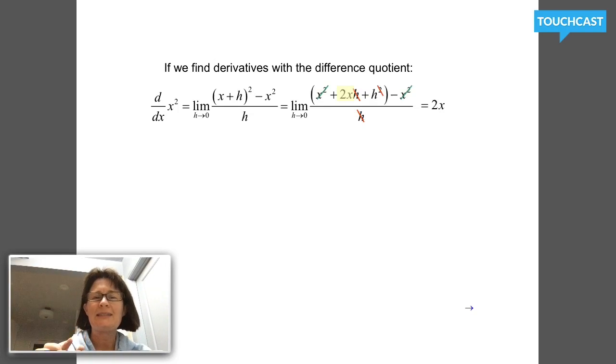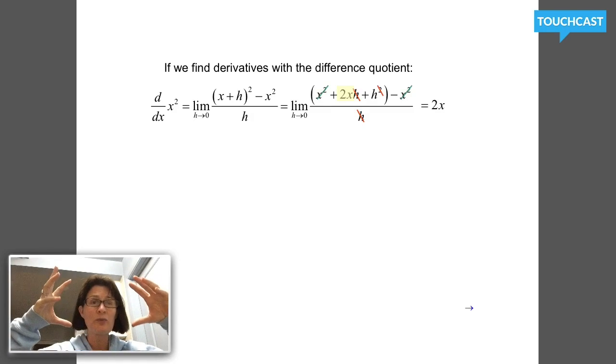So building on that idea, we want to imagine how we could use this limit definition to arrive at other derivative formulas. So imagine going through this process, taking the limit as h approaches 0 to find the derivative of, for example, x squared. I would expand out x plus h squared.